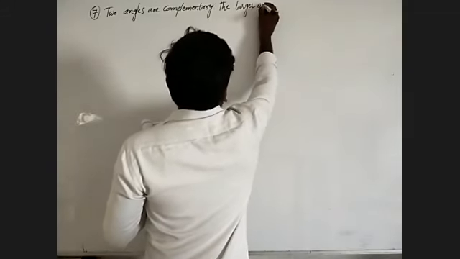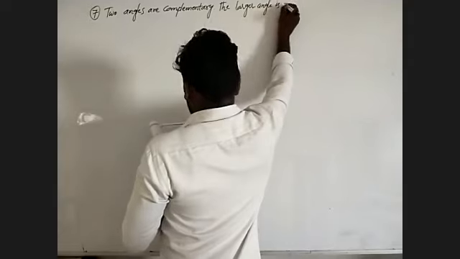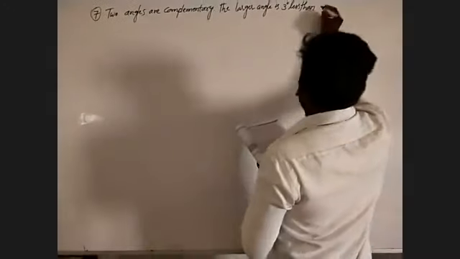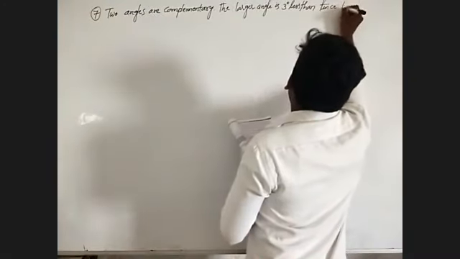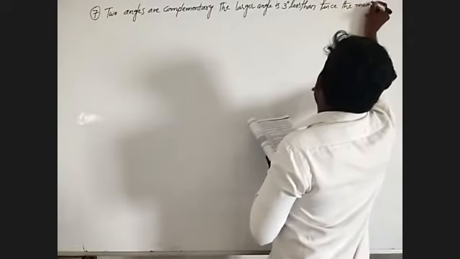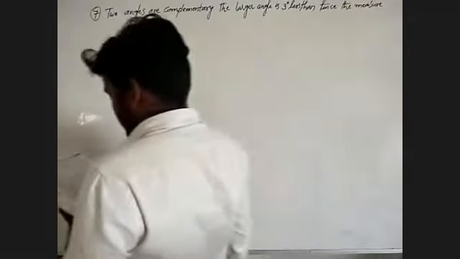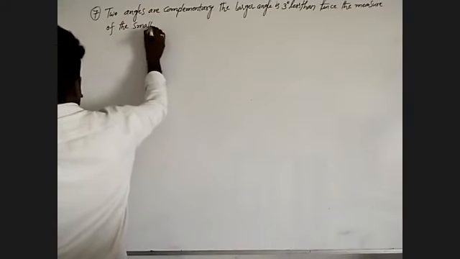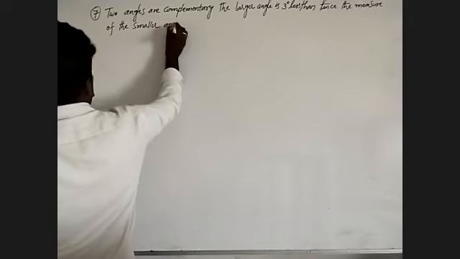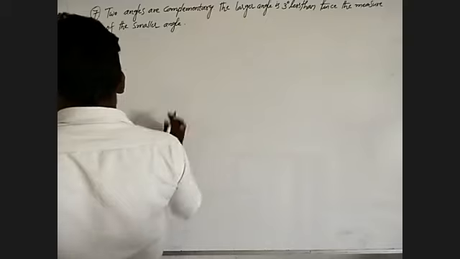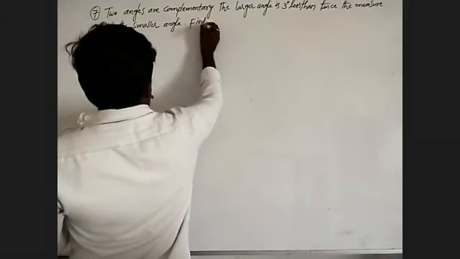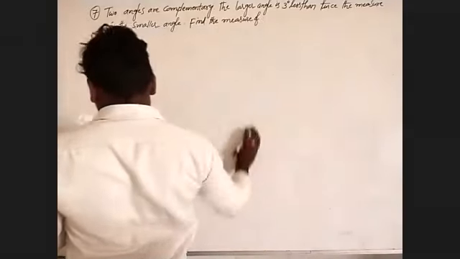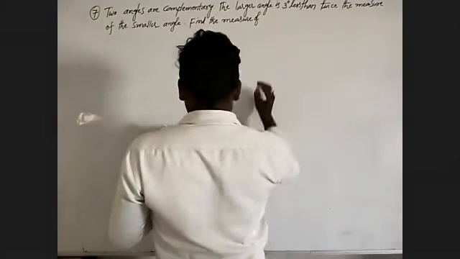The larger angle is 3 degrees less than 5 times the measure of the smaller angle. Find the measure of each angle.